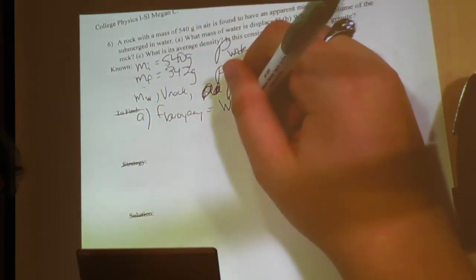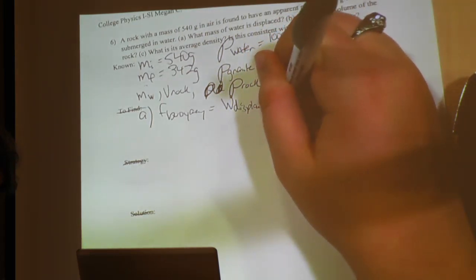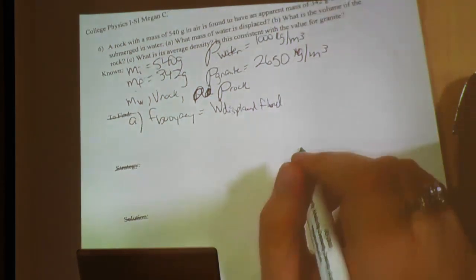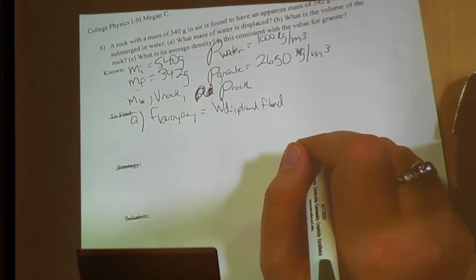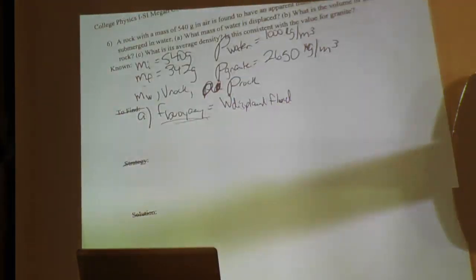All right, I'm going to cross this out again. So F buoyancy is going to be equal to the displaced fluid, right? I don't know if I like the way that I wrote this out. So what is the buoyant force here? Do you guys know how we would write that?